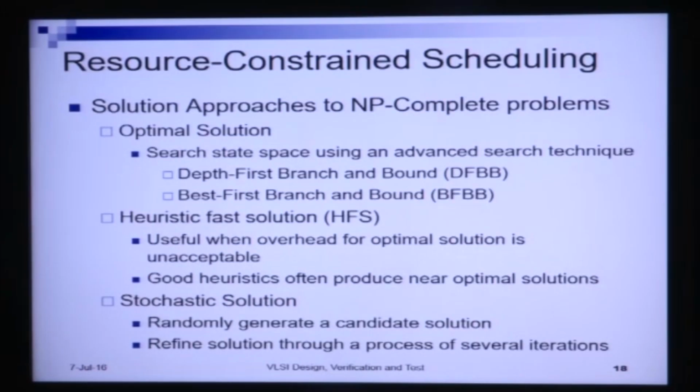Hence if the problem is NP complete, then we have different types of strategies to solve it. The optimal solutions can be obtained by various mechanisms. For example, we can formulate the whole problem as an ILP, and then use ILP solving tools to get the solution.